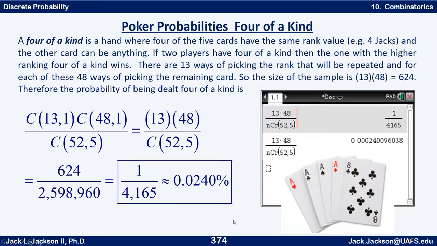Okay, so that's a 4 of a kind. If 2 people get a 4 of a kind, then whichever one has the higher value will win. This one right here would win because aces are generally considered high. So aces would beat kings, kings would beat queens, and so forth.